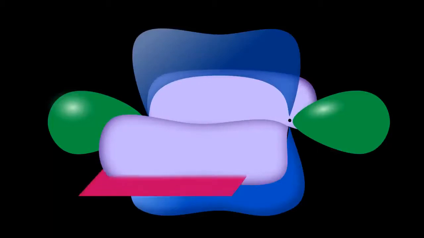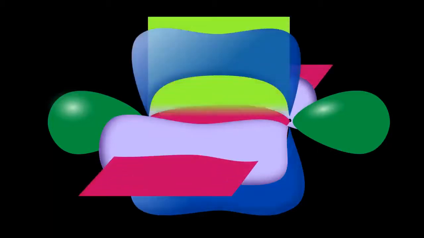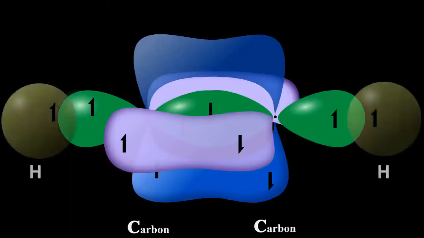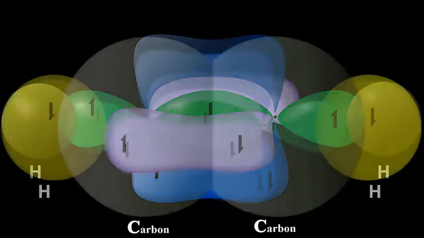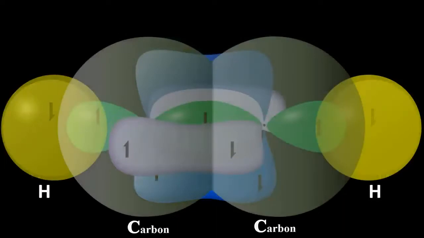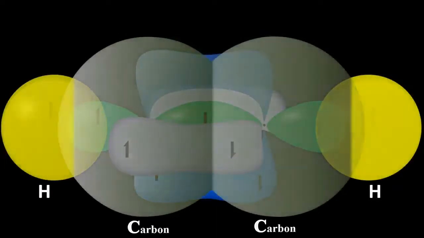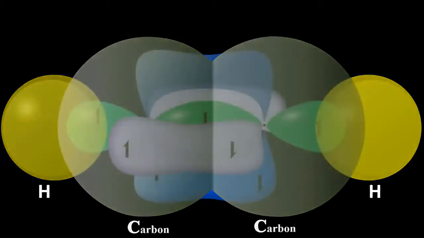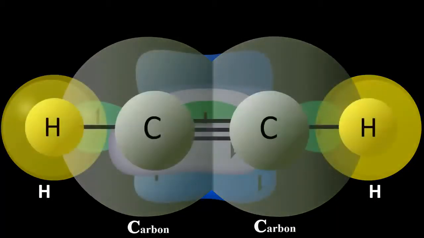Each pi bond lies on a separate plane, and the 2 planes are perpendicular to each other, and so the two pi bonds are perpendicular to each other. Finally, two hydrogens will overlap with the remaining sp hybrid orbitals, creating the C2H2 molecule. The overlap of the space-filling model reflects the overlapping orbitals, which is also represented by the ball and stick model.